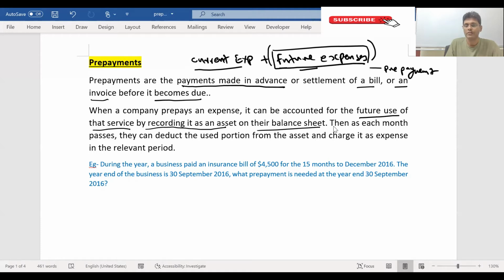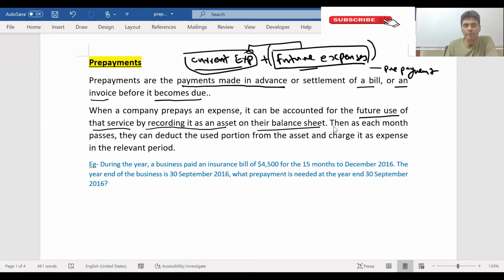Because the service or the expense has not been consumed in the current period, you can't account the future expenses in the current period. So this is the meaning of prepayments.